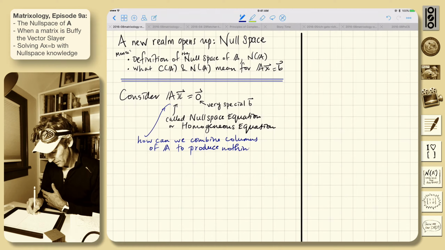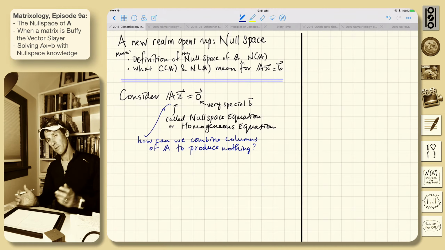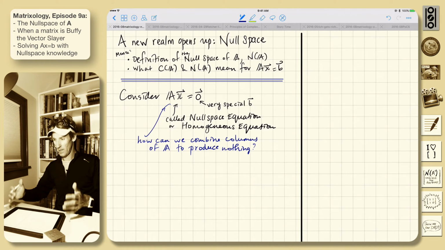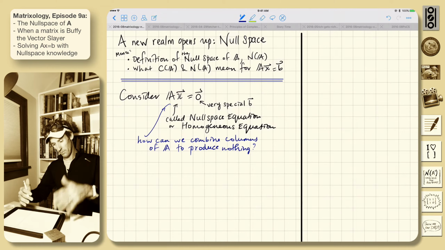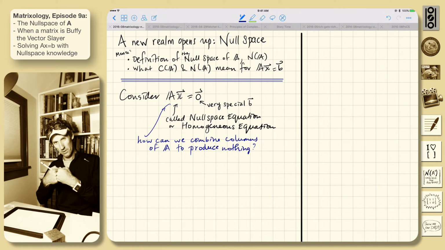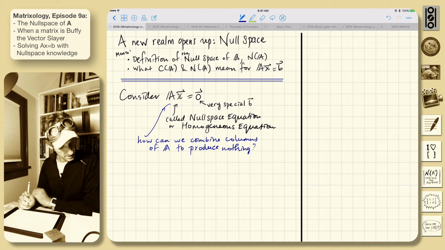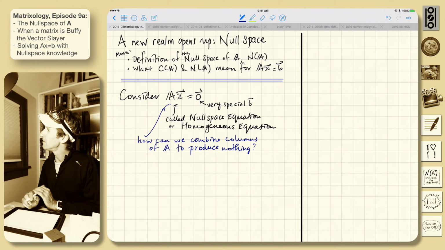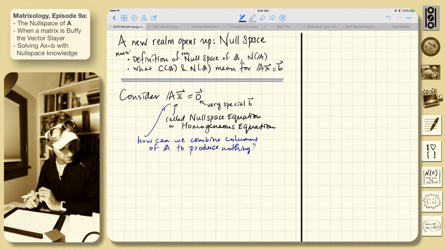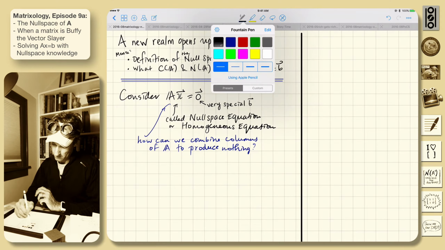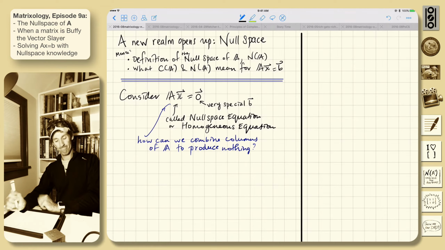If we think about the columns being musical notes, and you want to play a sound, there are some ways where musical notes can cancel each other out and give you no sound. It'll have a very mathematical feel to it, but there's a deeper story that we'll get to eventually. So, can you think of a solution?